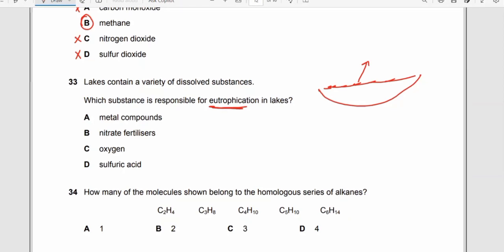When nitrate fertilizer is used in excessive amounts in the fields, it is taken by the rainwater, and in this way the growth of algae is increased in the water bodies, and the water surface is covered by the excessive amount of algae. This is called eutrophication. Not oxygen, not sulfuric acid.